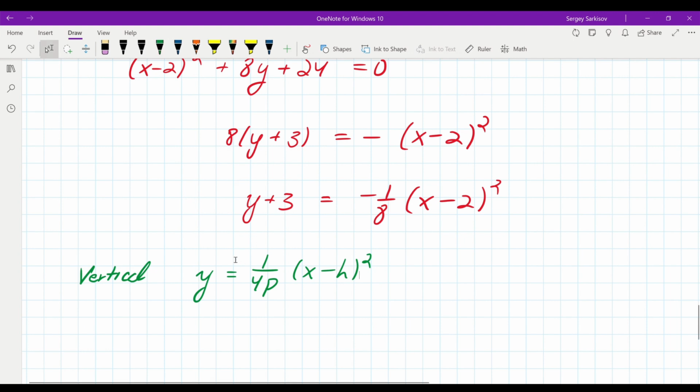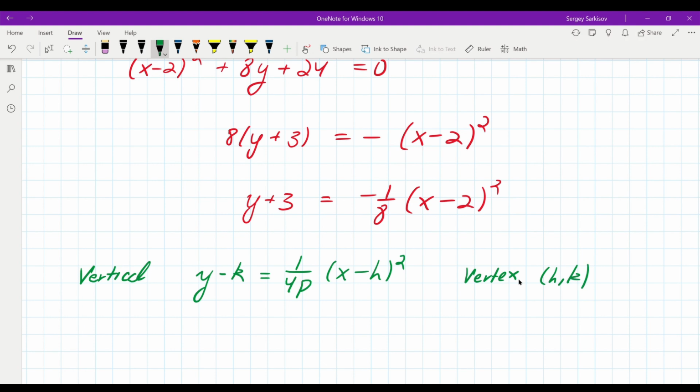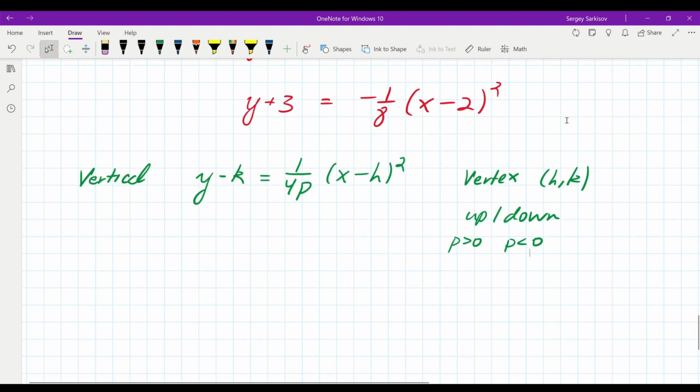Sometimes people put it there, but let me move the k and put y minus k equals that. This is my favorite way of looking at it. So the vertex is h comma k, and it opens up or down: up if p is positive, down if it's negative. Vertical, up, down, right? And this is a parabola, everyone, by the way.